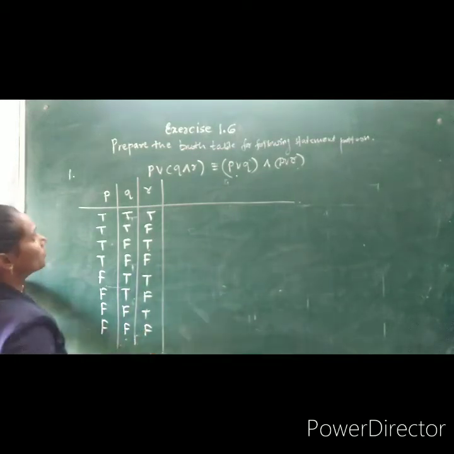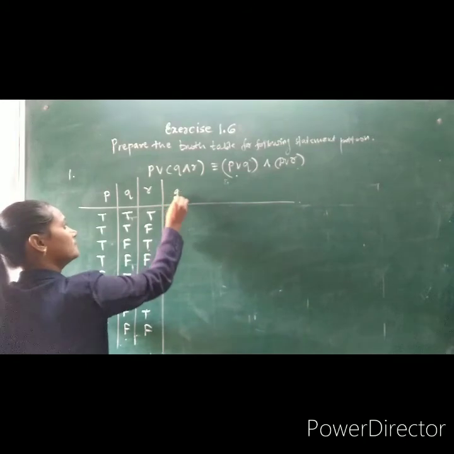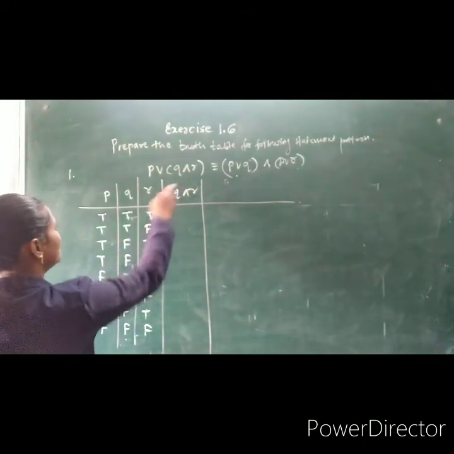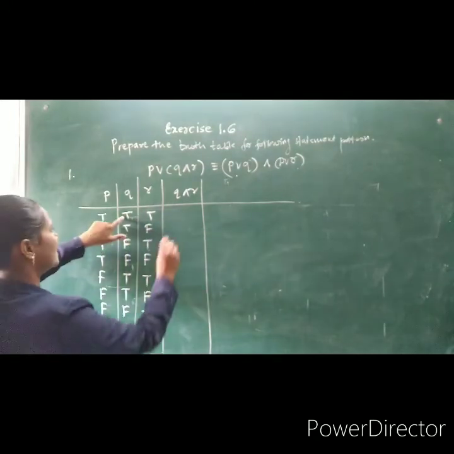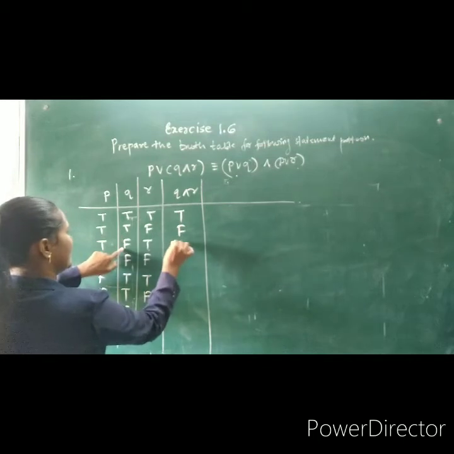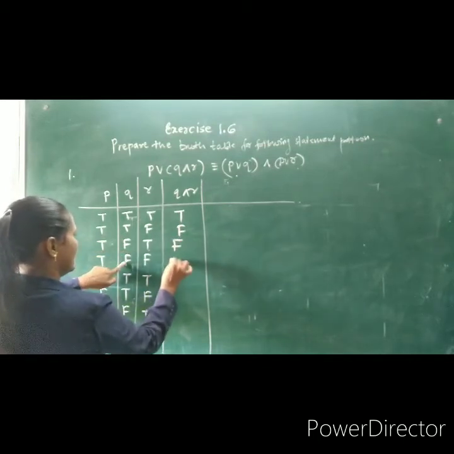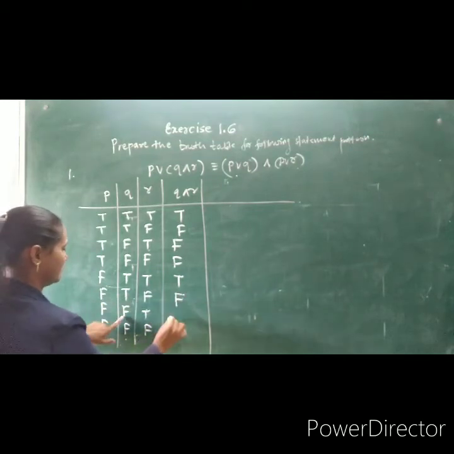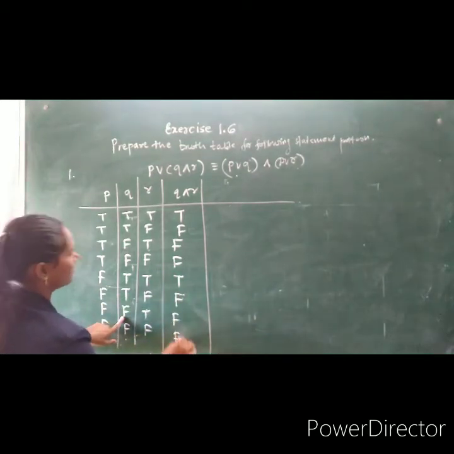First find Q and R. Remember that, always solve the bracket first. Q and R: if both T, it is true, otherwise it is false. FT, false. FF, false. TT, true. TF, false. False, false.